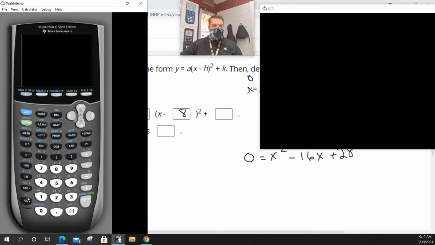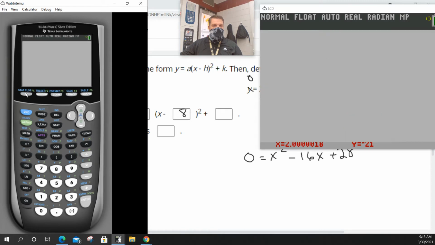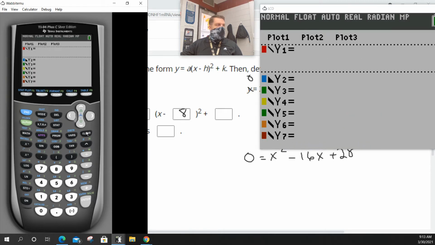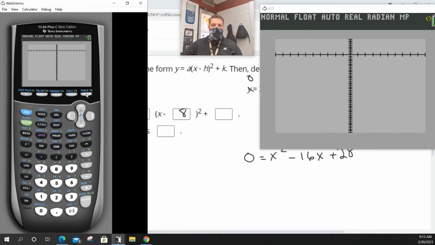So let me turn on my calculator, clear this out. I'm going to plug in the original equation, which is 2x squared minus 32x plus 56.